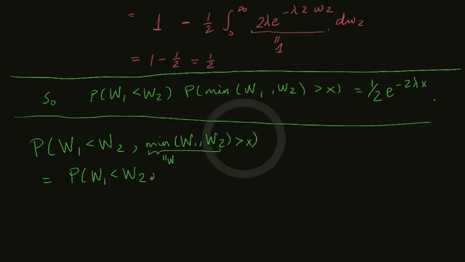So this is just the same as saying that W1 should be greater than x. And this is nice because now we've split this up into something that we can control a bit more.